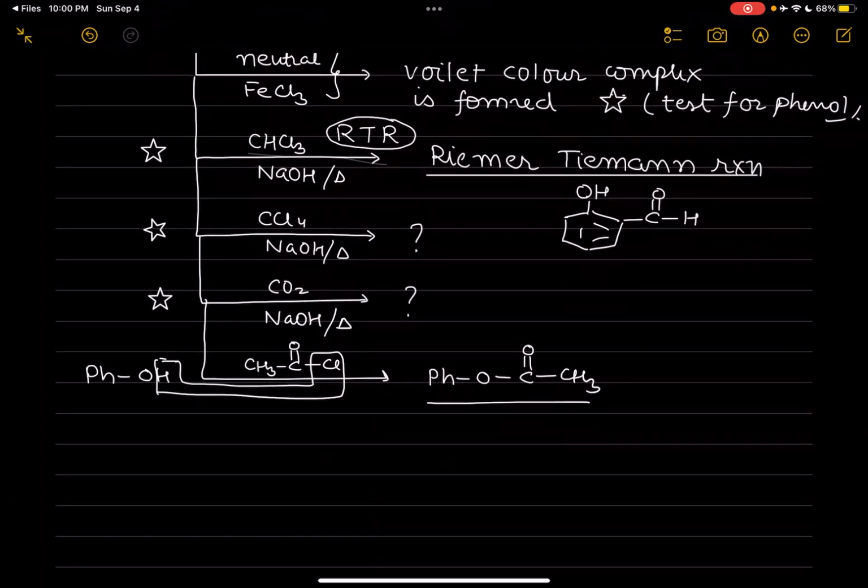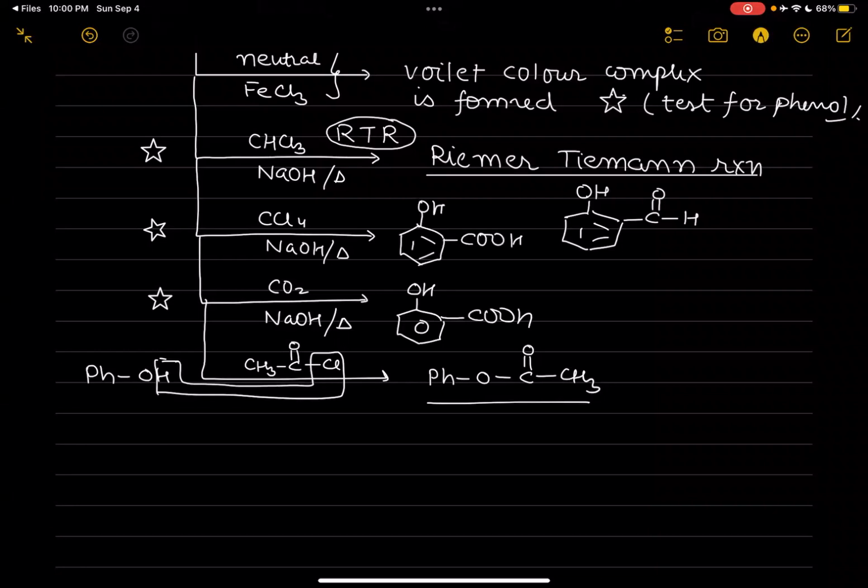Yeah, salicylaldehyde, and that is salicylic acid. These two are salicylic acid, because you took CCl4, so it is going to be COOH. And this one has a different name.